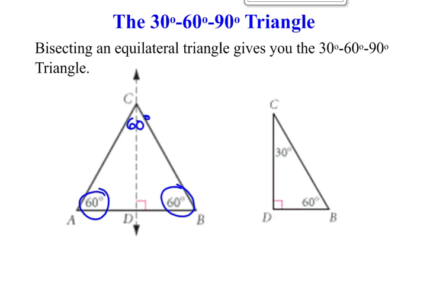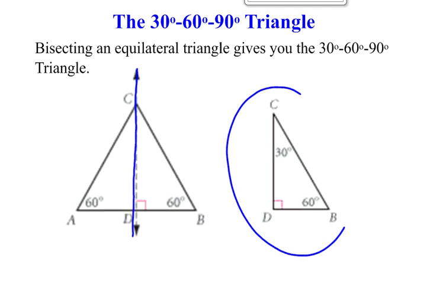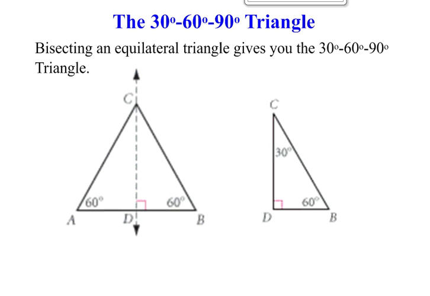All the angles are 60 degrees, so all the sides have to be congruent also. Right? And what we're doing is we are bisecting this angle. We're taking half of the triangle, and we now have our 30, 60, 90: 30 degrees, 60 degrees, 90 degrees.